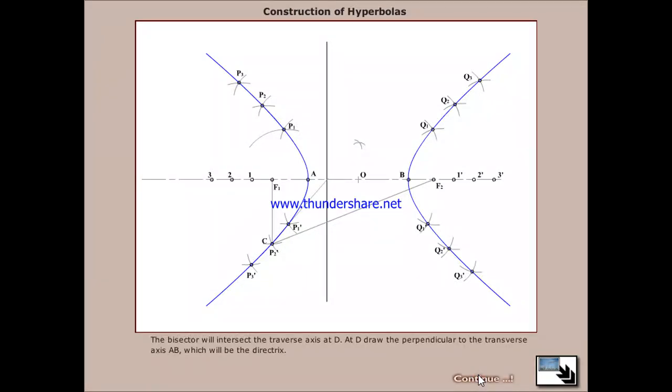The bisector will intersect the transverse axis at D. At D, draw a perpendicular to the transverse axis AB, which will be the directrix. Draw CE perpendicular to the directrix. The eccentricity is the ratio of CF1 and CE.